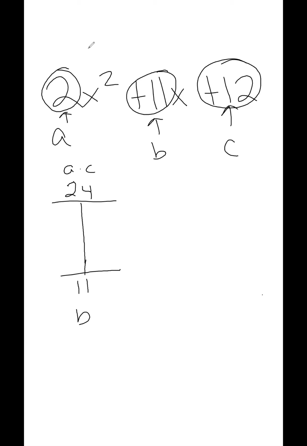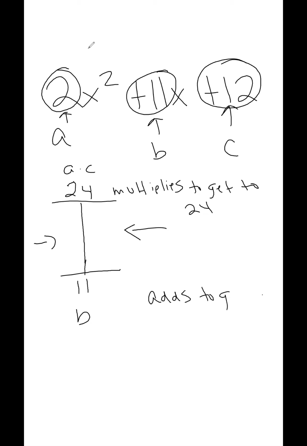Okay, now how do I get this number and this number? Well, that's where you have to use that multiplication chart I was telling you about, because you're trying to find out what multiplies to get to 24 and what adds to get to 11. So that's why you need to know your multiplication tables.